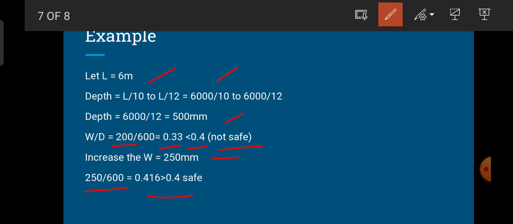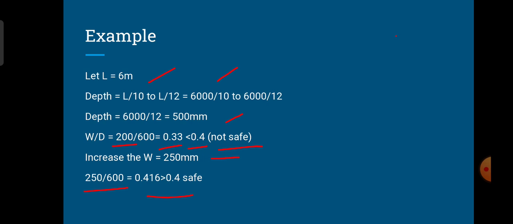Hence it is safe. So as per the IS codal provisions, the depth of the beam is taken as L by 10 to L by 12, where L is the clear span of the beam, and the ratio of the width of the beam to the total depth of the beam is considered to be equal to or greater than 0.4. In case it is less than 0.4, we need to make a change.